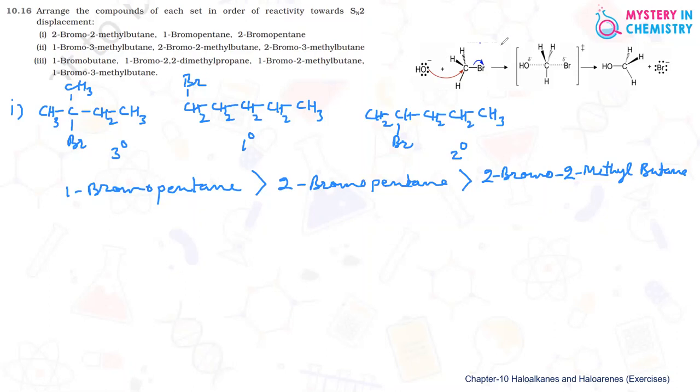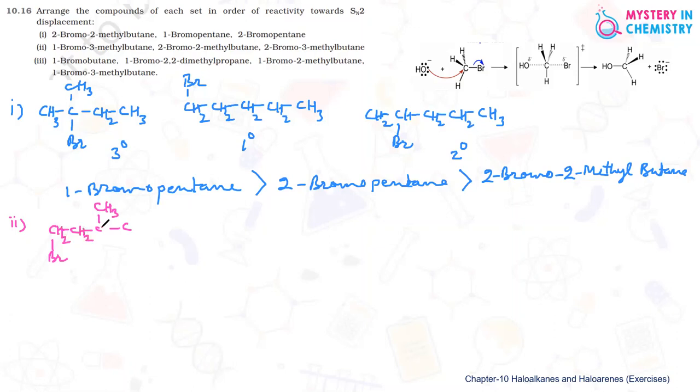Now come to second. In second, 1-bromo, 3-methyl butane. So it is butane, that means 4 carbon atoms, one bromo, that means first carbon is having bromine, and 3 methyl, third carbon has a methyl group, and remaining hydrogen.